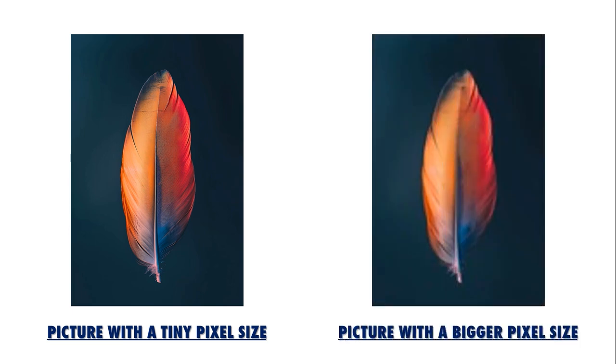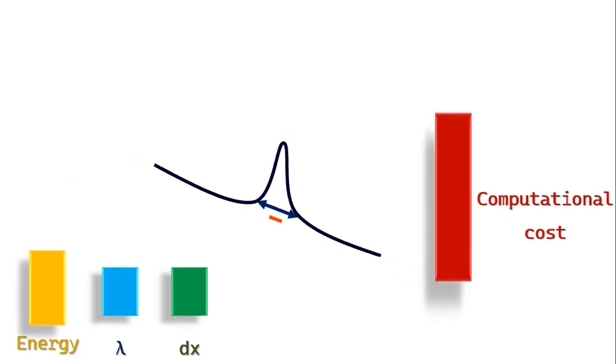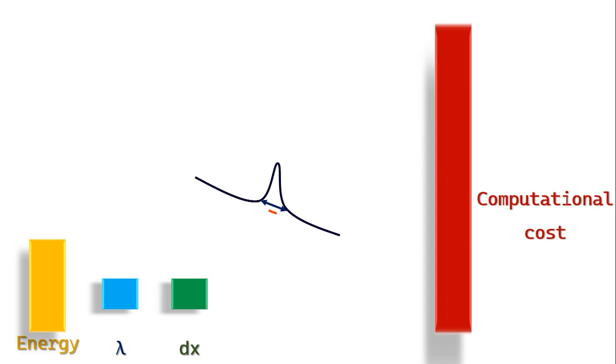Now, the smaller the pixel size, the greater the clarity of the picture, right? And here the wave functions: the smaller the dx, the better the representation of the wave function. Therefore, adding energy, or in other words, high frequency and thus smaller wavelength plane waves, will require increasingly finer grids to be described, which will quickly increase your computational cost.